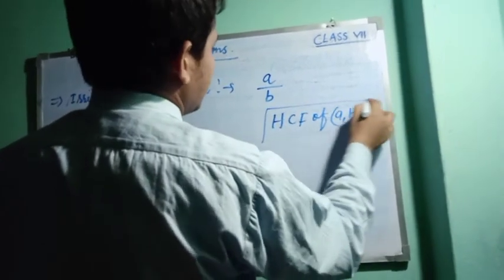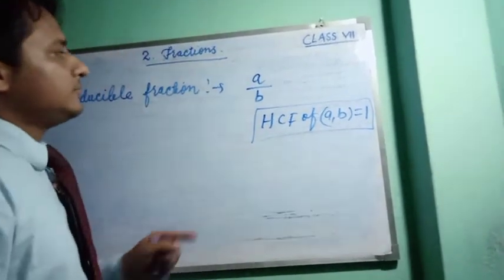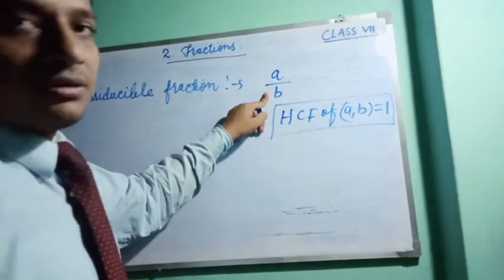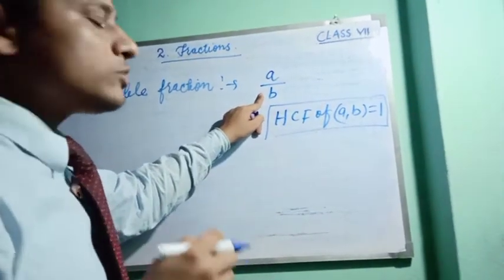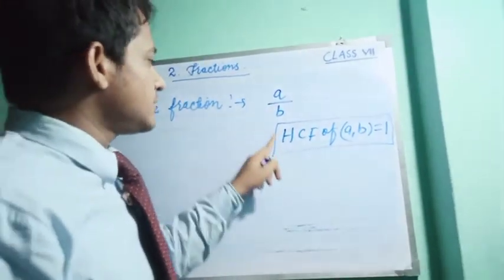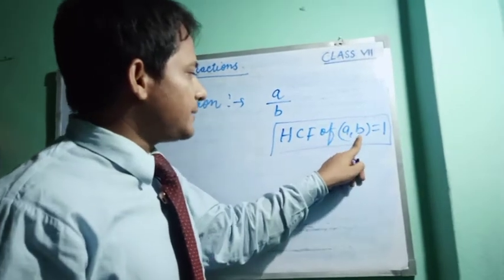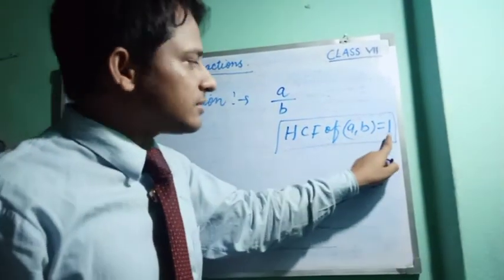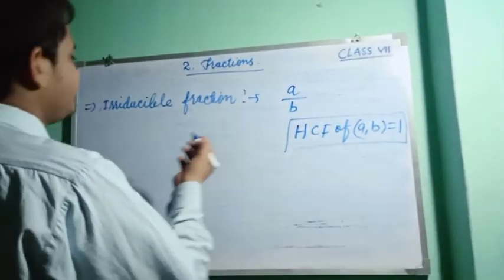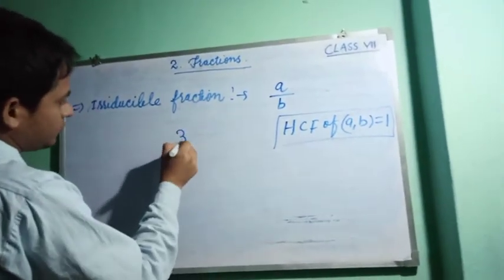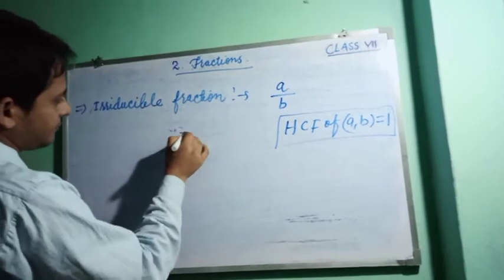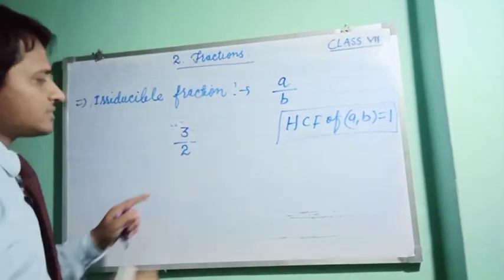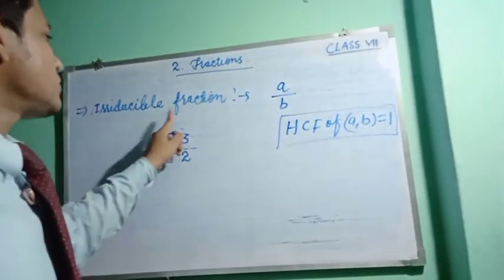Once again, a fraction a by b is called irreducible if the HCF of a and b, that is the HCF of numerator and denominator, is 1. Example: 3 by 2 is an example of an irreducible fraction.